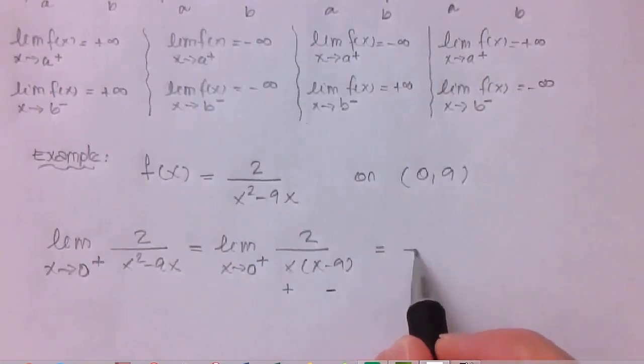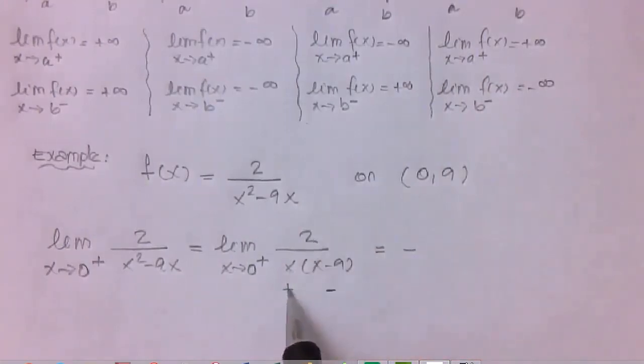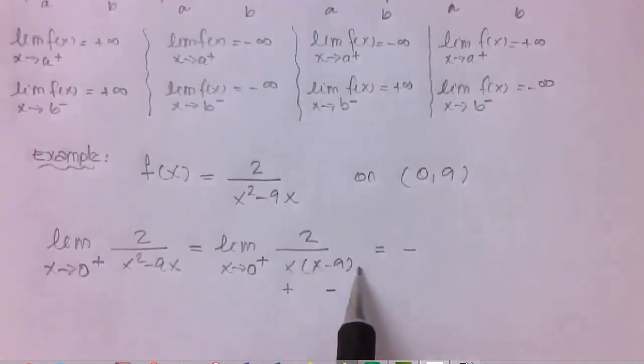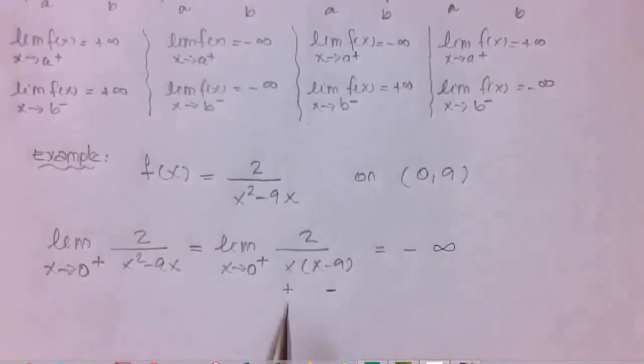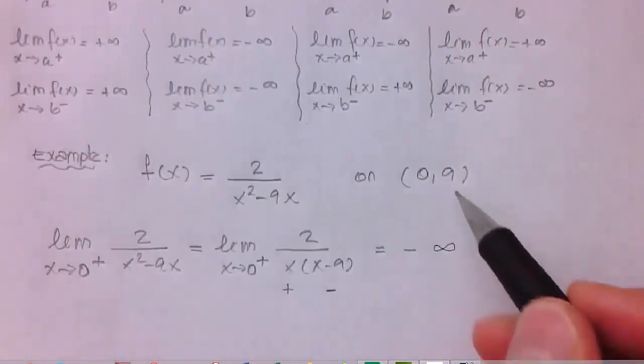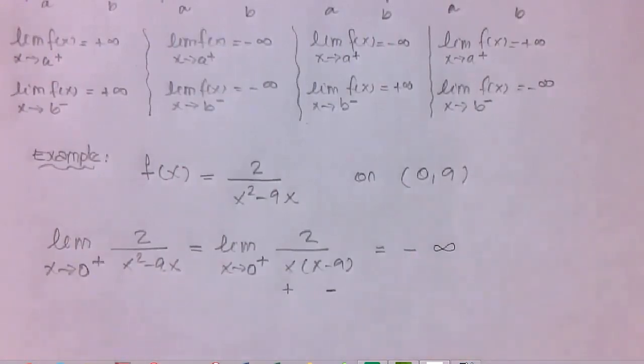Therefore, the whole thing is going to be negative, because it is positive, positive, negative. But the denominator is approaching 0 because x is approaching 0, right? So all of this is approaching 0, therefore the whole thing is approaching infinity. So what we get is that the limit when x approaches 0 from the right is negative infinity.